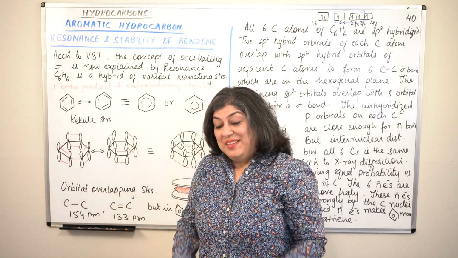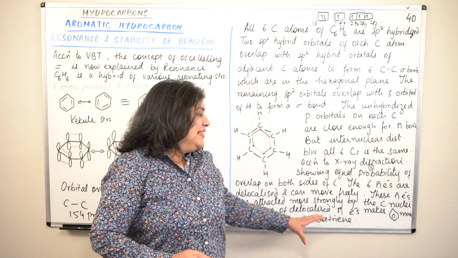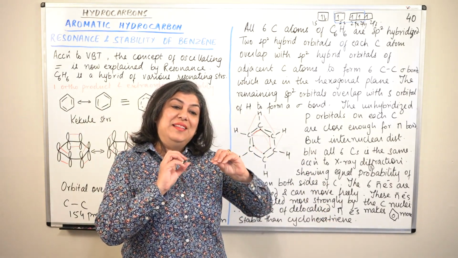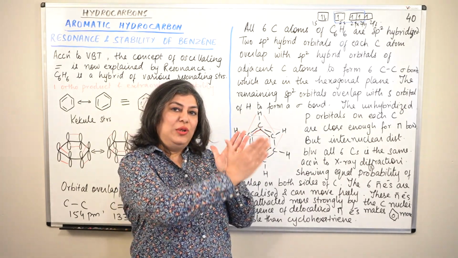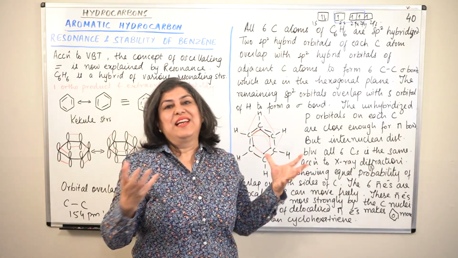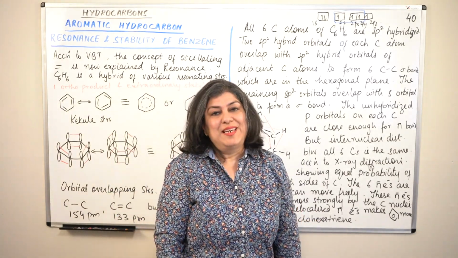So this is how, with the help of resonance, it was explained that the carbon nuclei of the entire molecule attract these delocalized electrons more strongly, and that is why they make the molecule so stable.